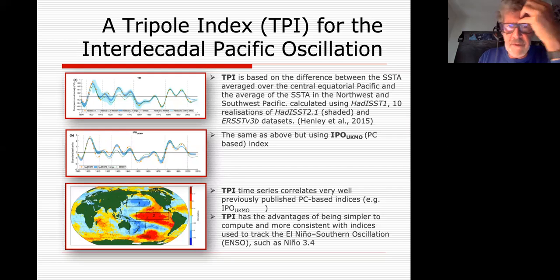Here we have in the plate the temperature anomaly indexes using three different data sets, two from the Hadley Center, the other one for Europe.